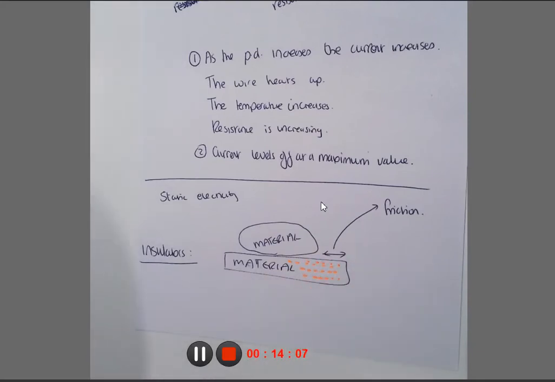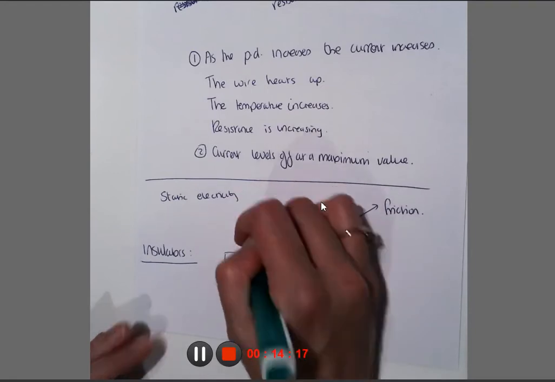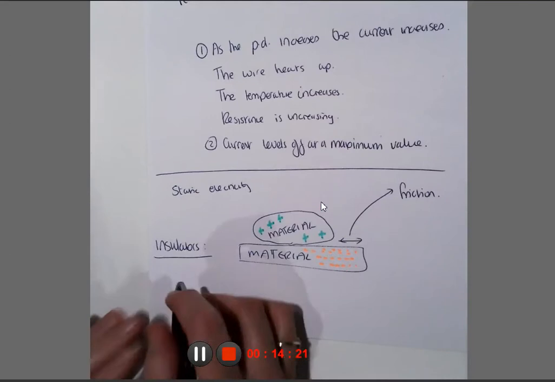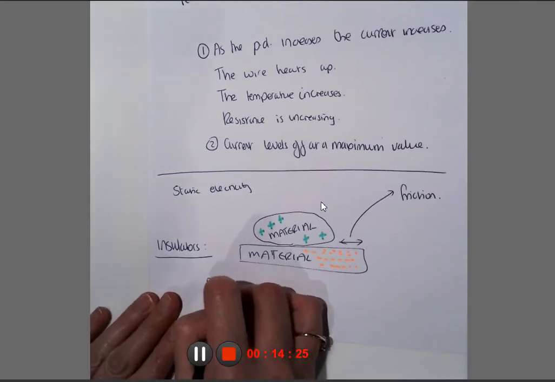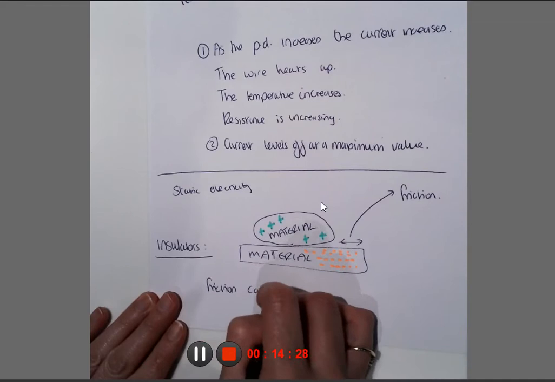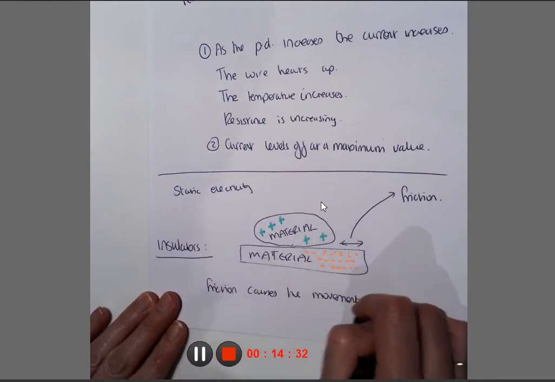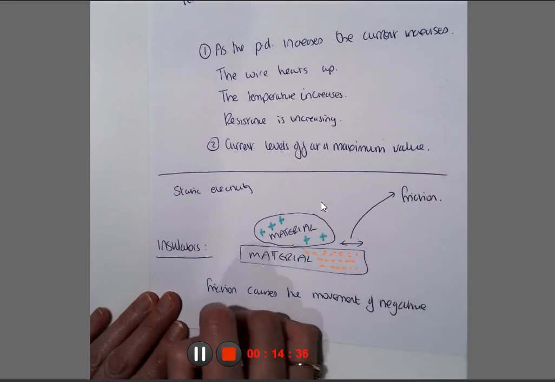So the extra electrons have gone onto this material, and remember they're negative. And that has left this material here with an overall positive charge. So what we need to be describing with static electricity is friction causes the movement of negative electrons.